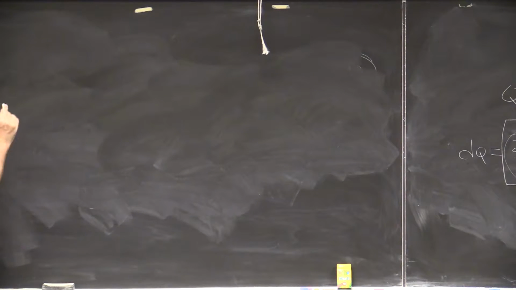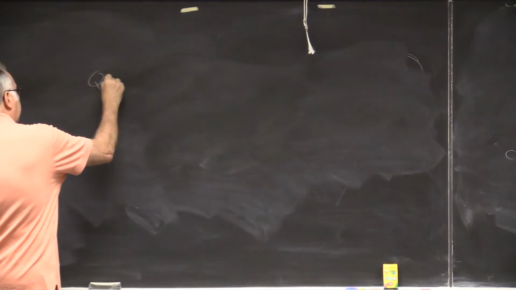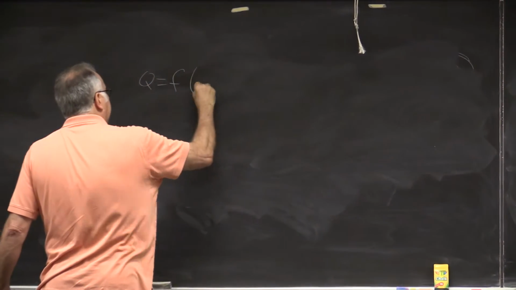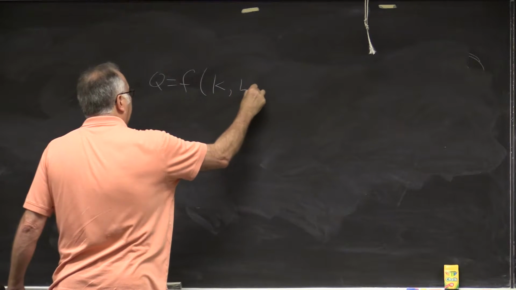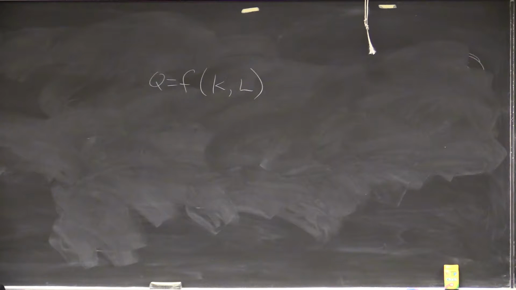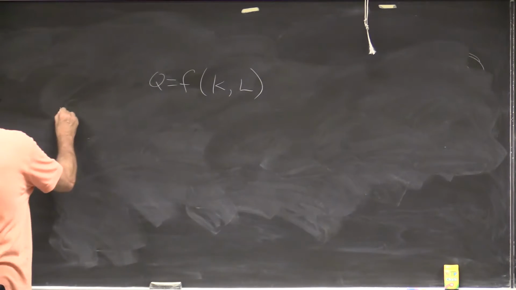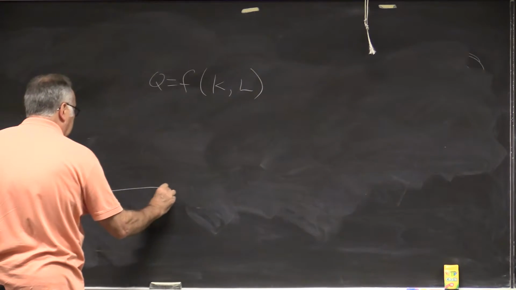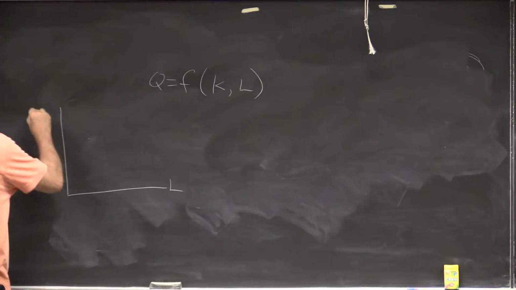When we use this example here, suppose output is a function of two inputs, capital and labor. Only two inputs, okay? Just those two inputs, capital and labor. Then the isoquant is all the combinations of labor and capital.